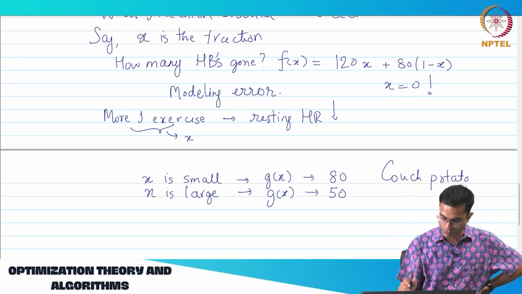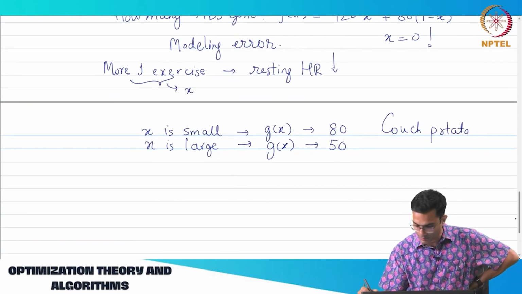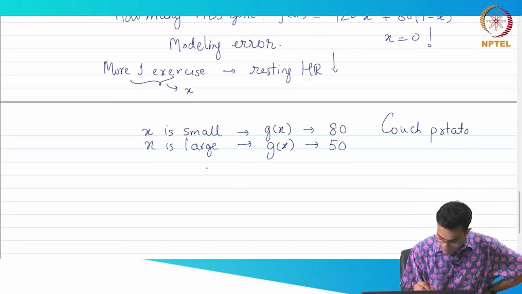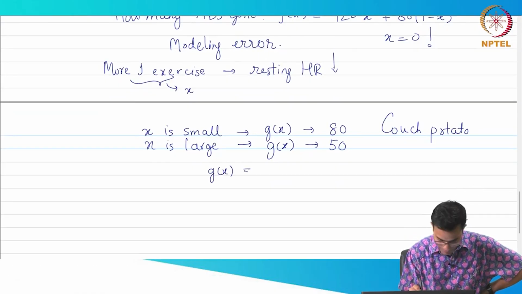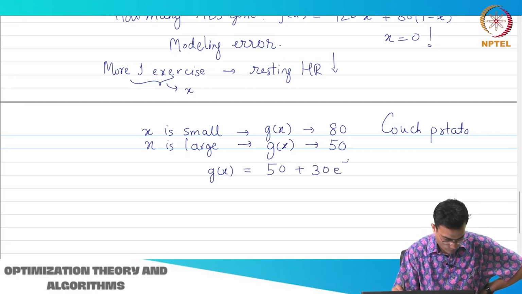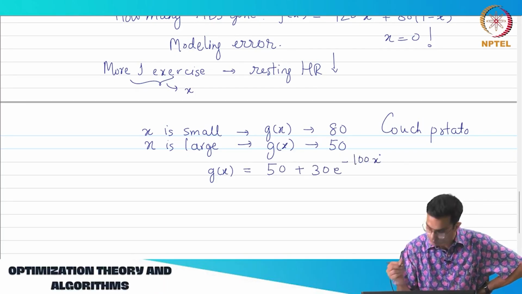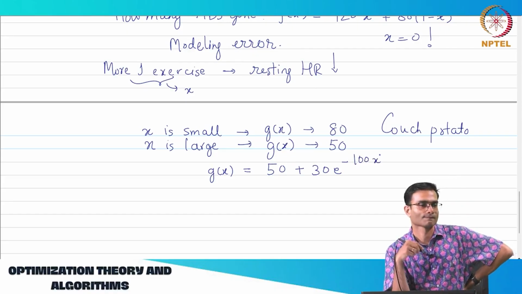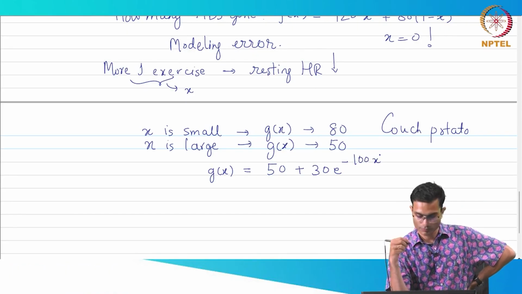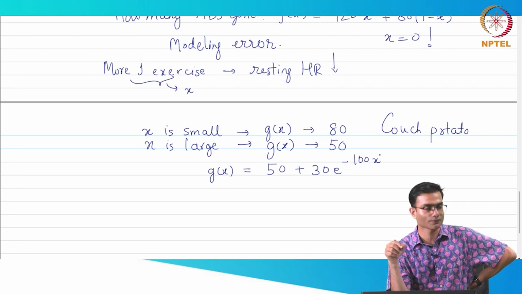So that's an example. Let us say that I did this exercise, and it turns out that g of x is something like this. When x is small, what is the value of this function? 80, right?